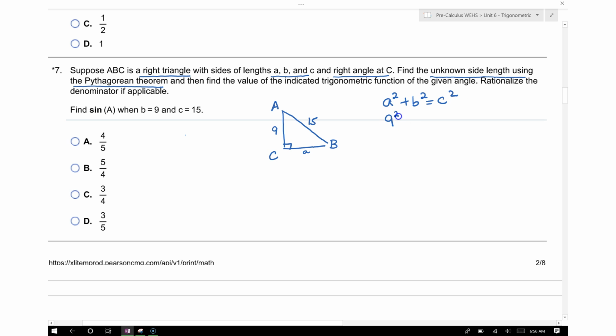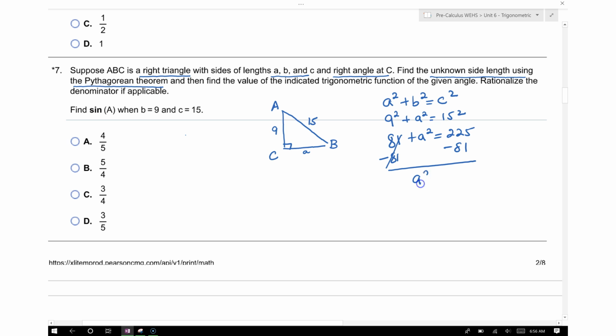So it's going to be 9 squared plus A squared is equal to 15 squared. 9 squared is 81 plus A squared is equal to 225. 15 squared is 225. And then what we're going to have to do is subtract 81.